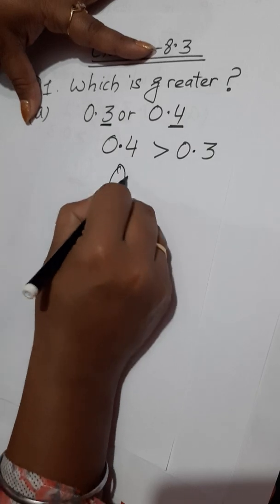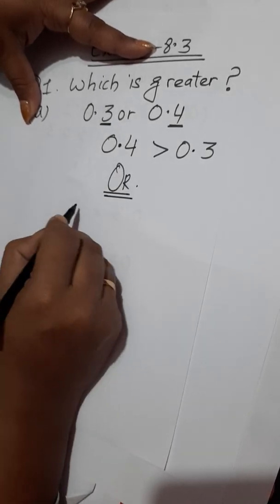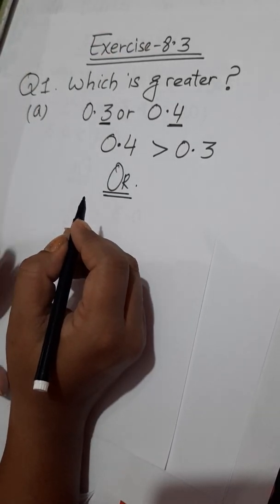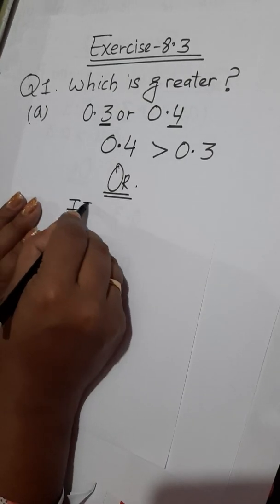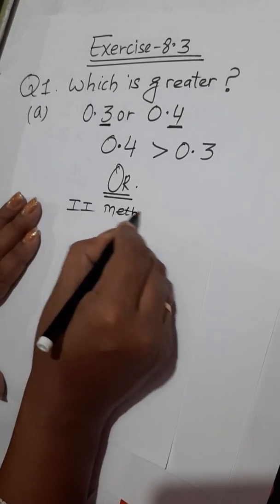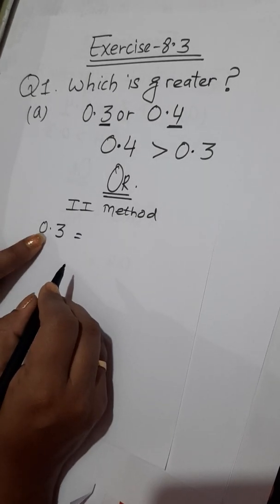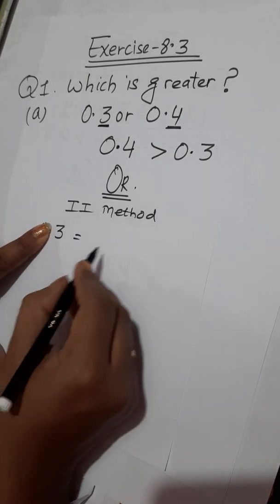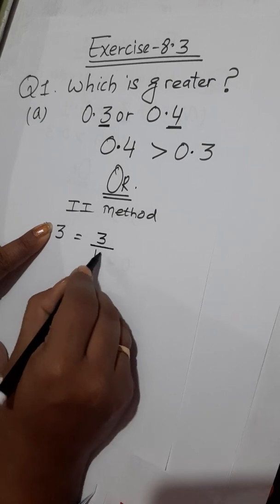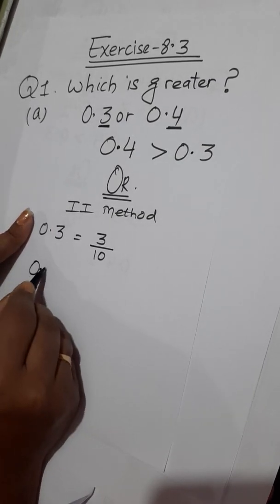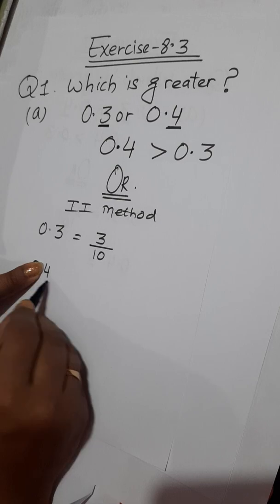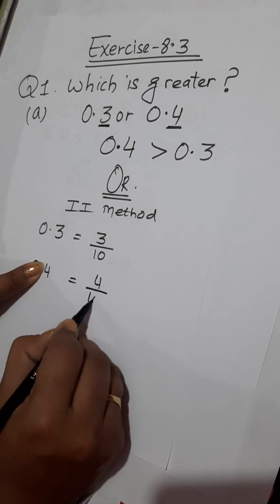Now this is our first method, in which we just compare. In the second method, we first remove the decimal. As we know, after the decimal we have one digit, so I will write 3 upon 10, and next I have 0.4. Again after the decimal I have one digit, so I will write 4 upon 10.